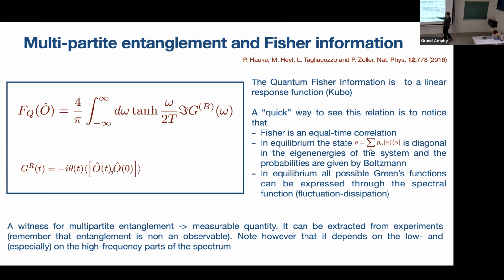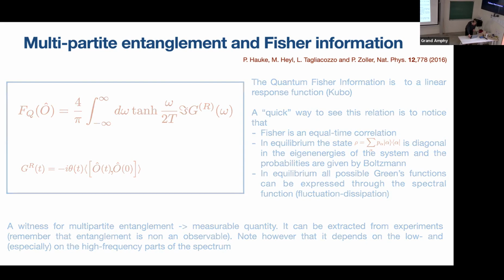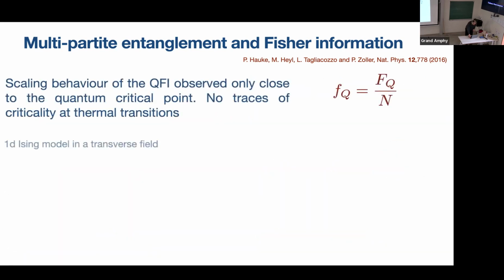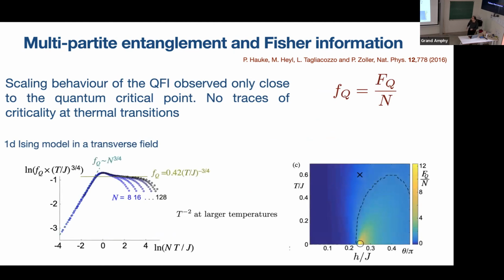I would like to stress this for the next slide. Then you will see that the low frequency part is somewhat suppressed at finite temperature. This is important for something which was shown in the paper.